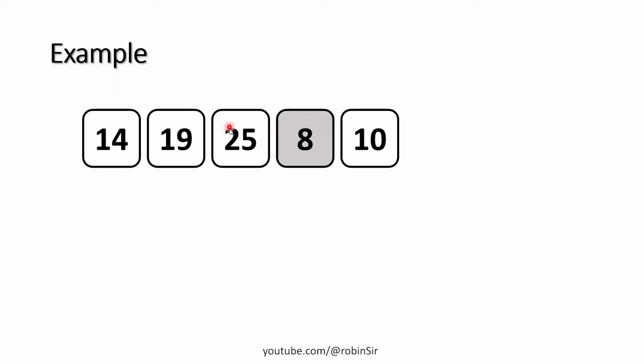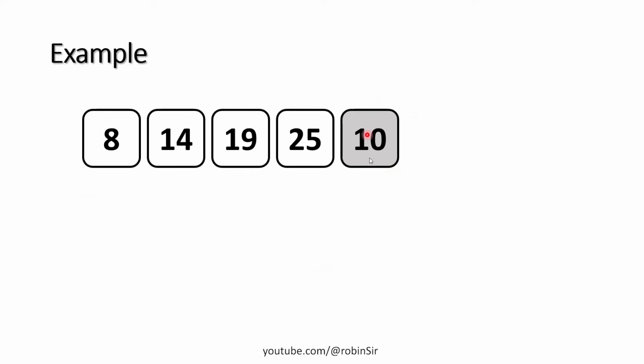For that, each and every element on the left is shifted to the right by 1 step. So 25 goes to 8's place, 19 goes to 25's place, 14 goes to 19's place, and then 8 is placed over here. When we do that, this is our new arrangement.